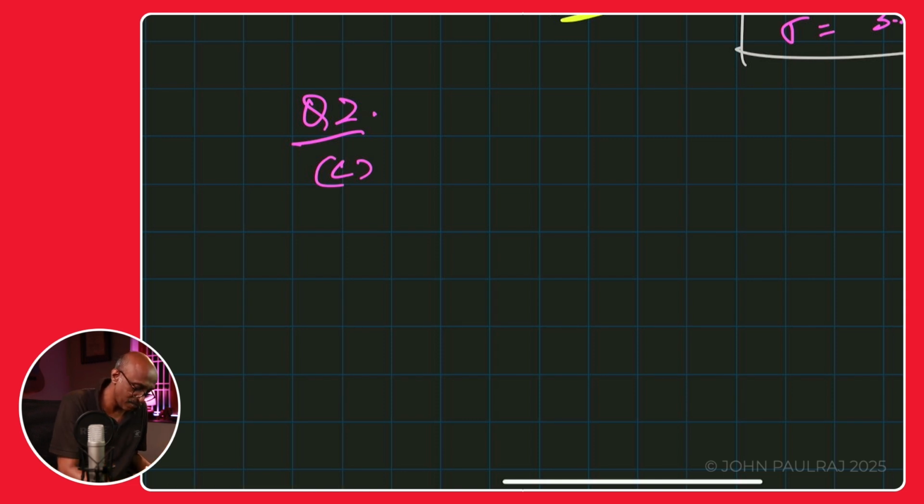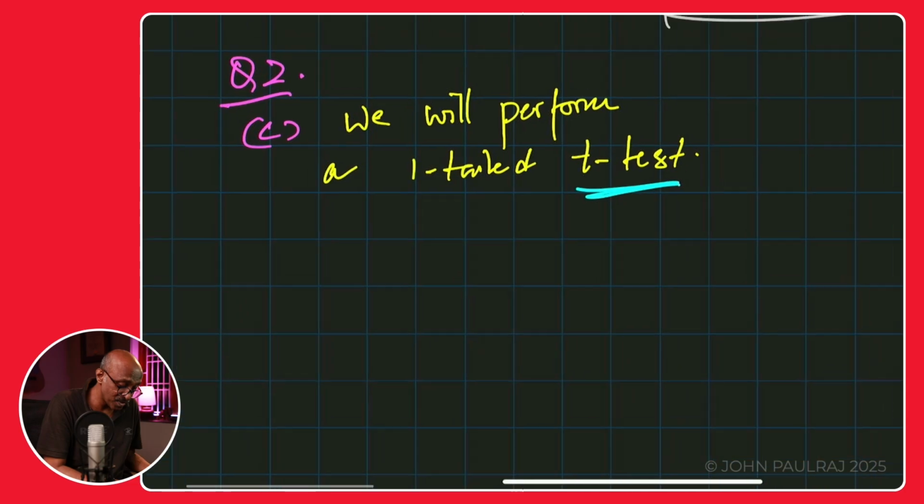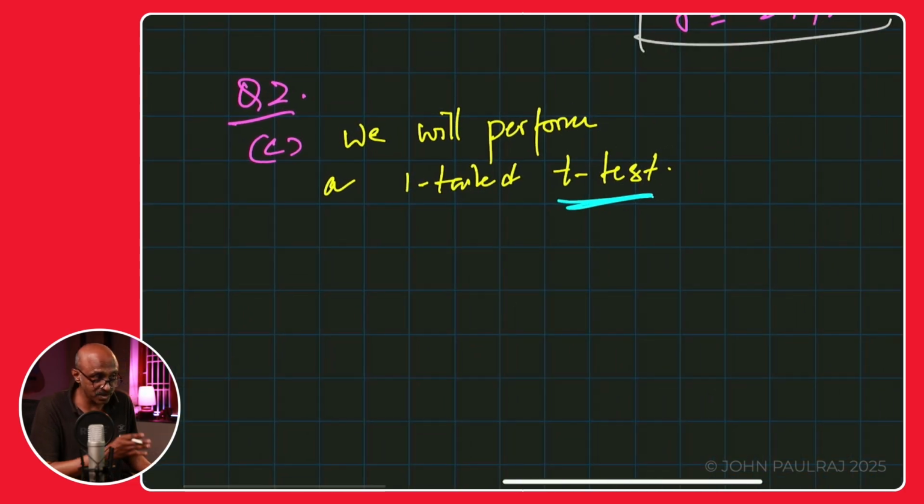So we will perform a one-tail t-test. I don't think we need to justify this point, but make sure you're convinced why. This is where students sometimes make a mistake. They use a z-test here because earlier it said normal. Understand why we're using the t-test: the population standard deviation is not known for this particular sample of 10 eggs.